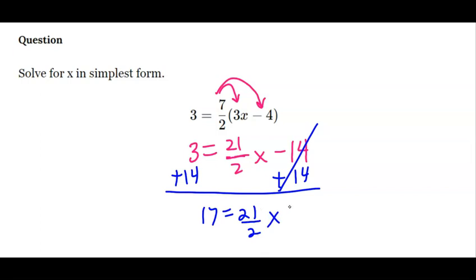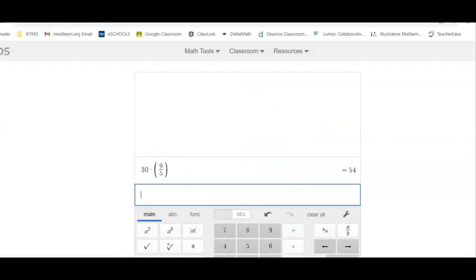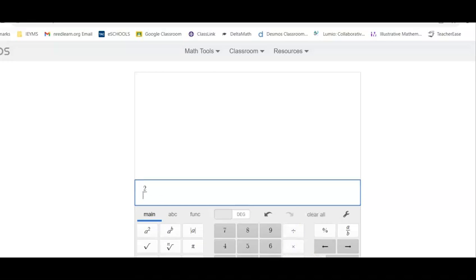And then I'm going to clear this coefficient by multiplying by the reciprocal. 2 over 21 times 17. You can do that on the Desmos calculator as well. So clear everything. 2 over 21. And then we're going to times that by 17 and convert that to a fraction. So 34 over 21.